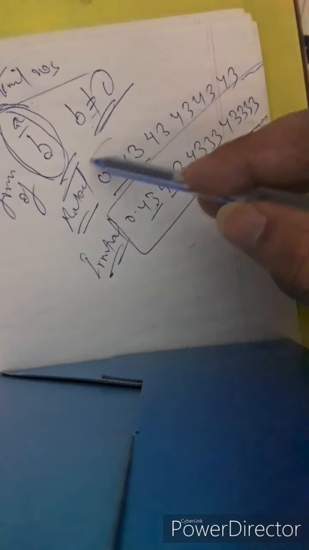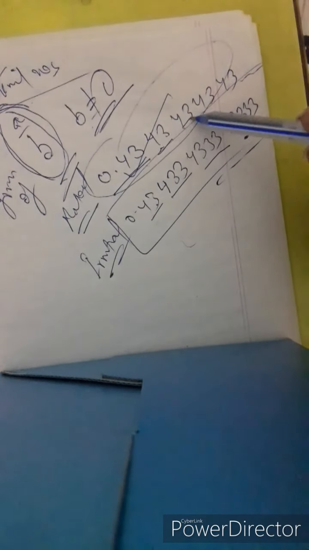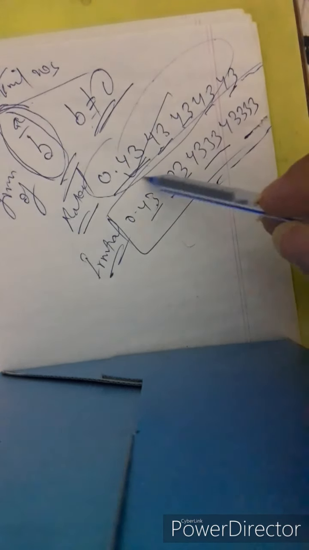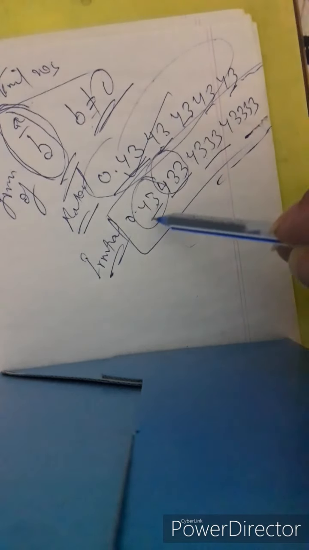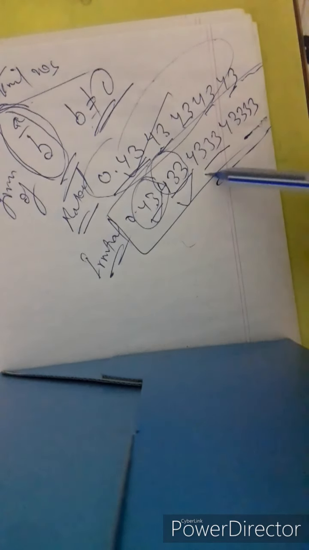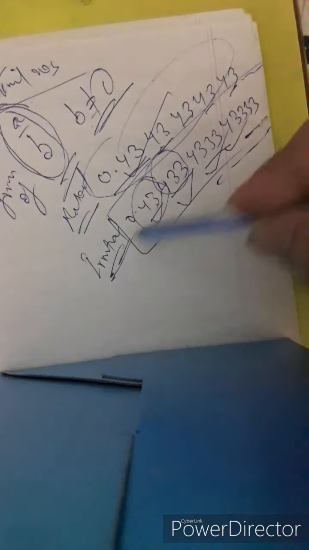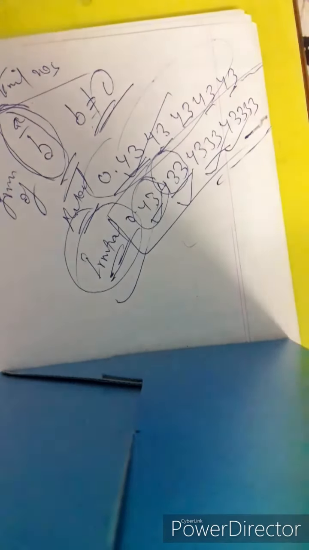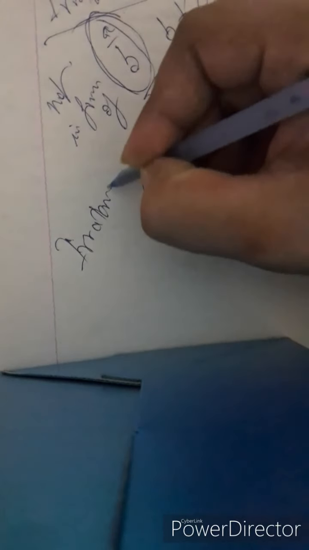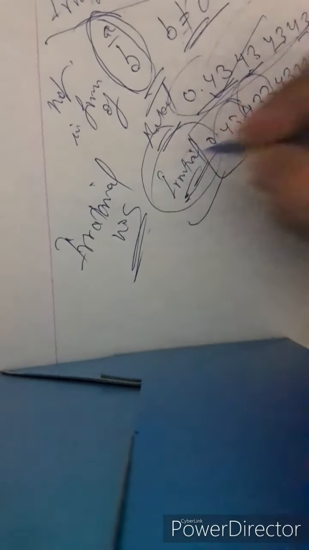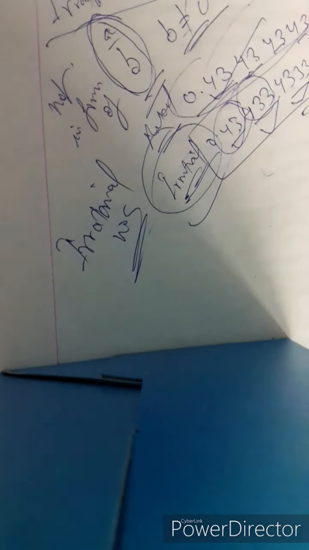The earlier one is also non-terminating, but it is repeating: 43, 43, 43 are repeating, but here it is non-repeating. It is 43 here, 433 here, 4333 here. This case is called irrational numbers. I hope you are clear with the concept of irrational numbers.